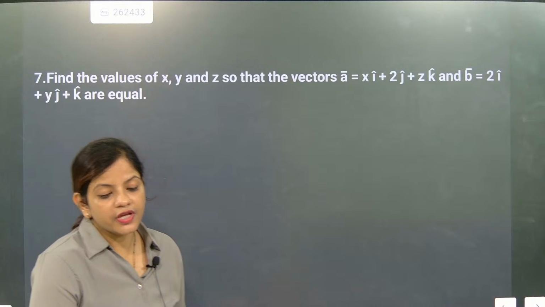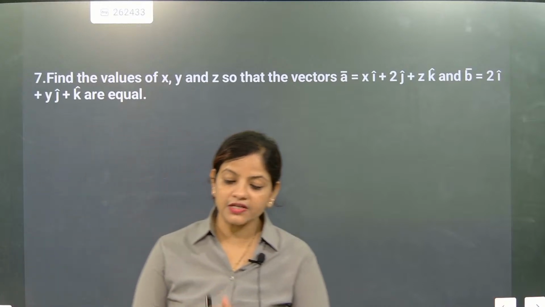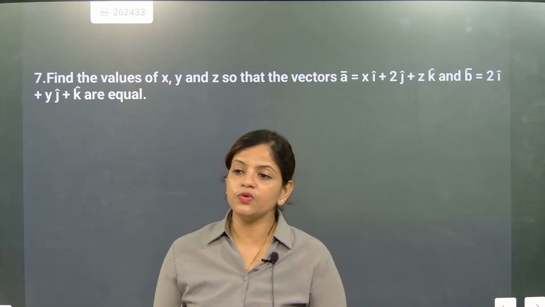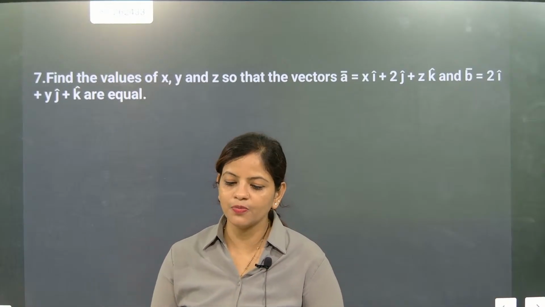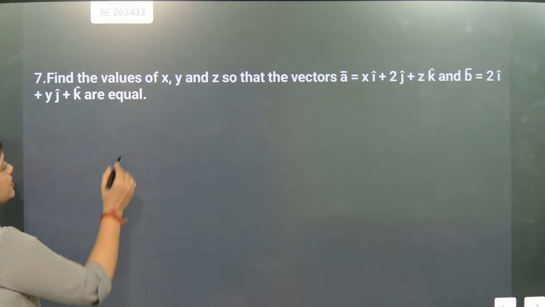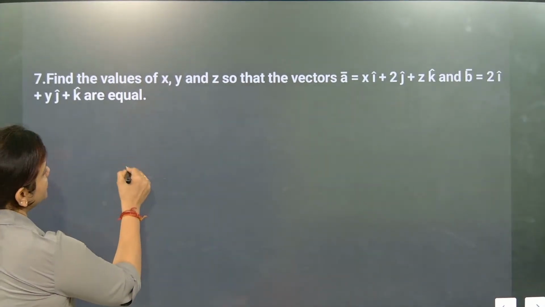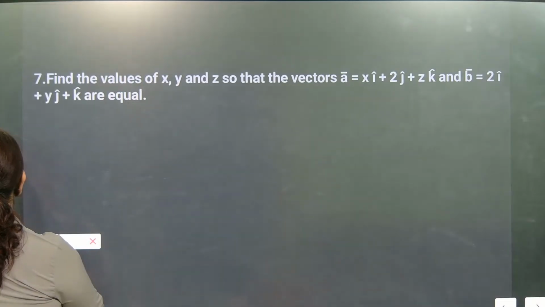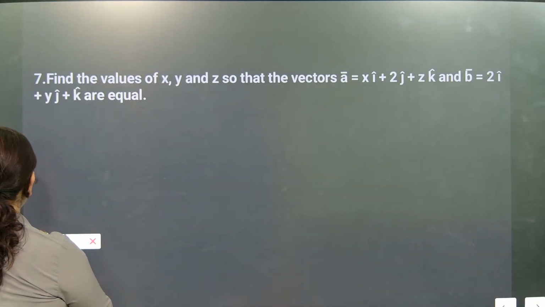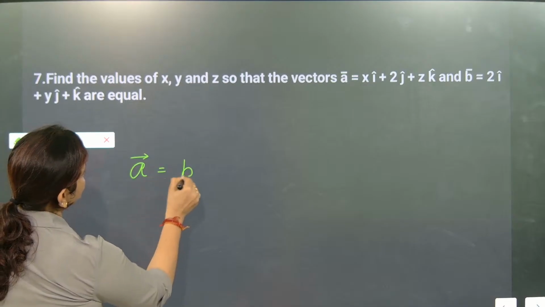Okay. Now look here, Kishore. We need to understand: find the value of x, y, z. When two vectors are equal, component-wise, their coefficients will also become equal. So if two vectors are equal, A vector will be equal to B vector.